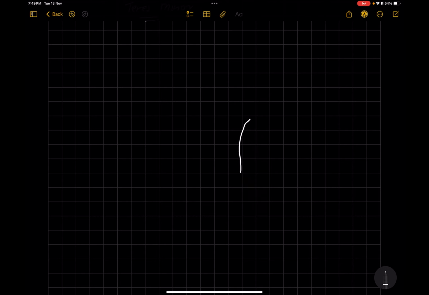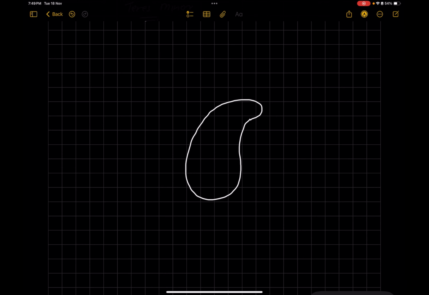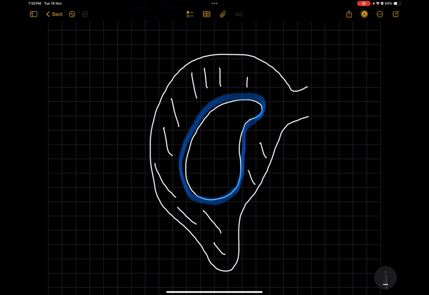This is your glenoid cavity, and attached to the glenoid cavity is your glenoid labrum.